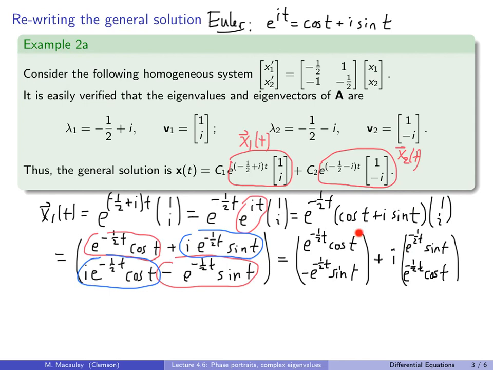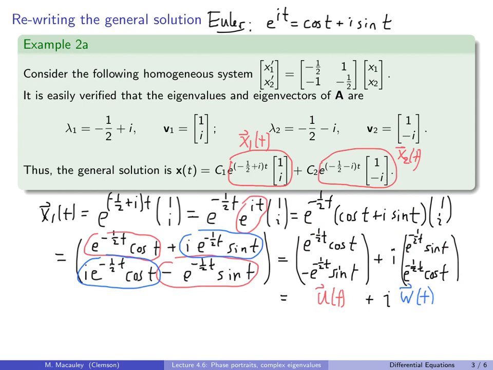And so this is x1, and let me call this u of t, and let me call this plus I times, I call this W of t.